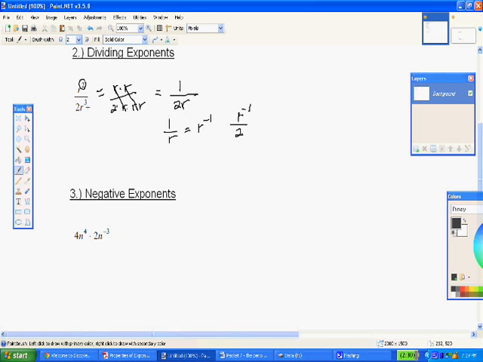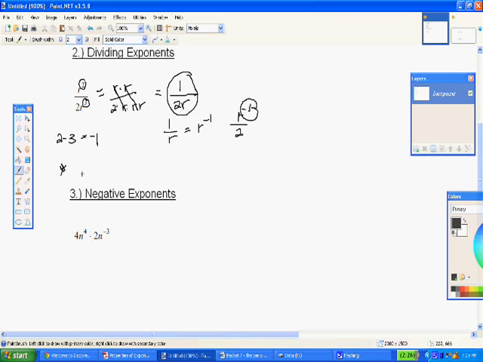We have 2 on top divided by 3, and when you divide exponents, you actually subtract. So 2 minus 3 gives me negative 1, which is why my exponent right here is negative 1. But for this packet and these pages, remember your answer needs to be positive exponents, so our actual final answer is 1 over 2r.